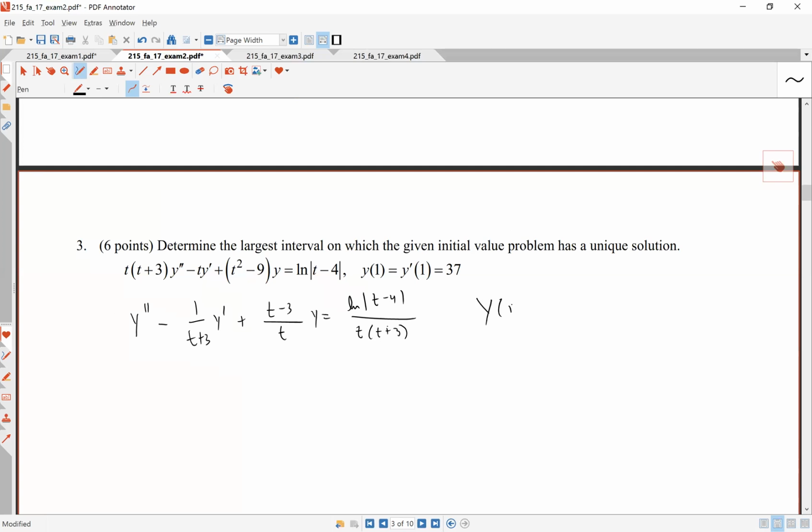Okay, so our initial condition has a 1 in it. And so we want the largest interval on which the given initial value problem has a unique solution. So we're looking for the largest interval containing 1 where all of these are continuous. So we have discontinuities for t equal to negative 3, t equals positive 3, and t equals 0.